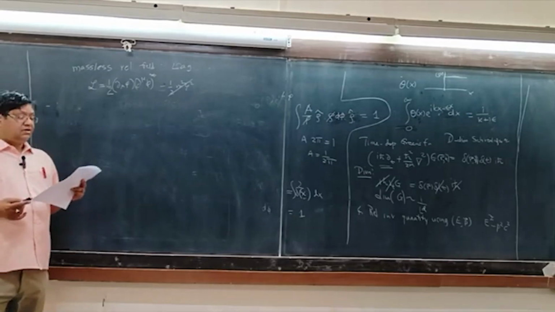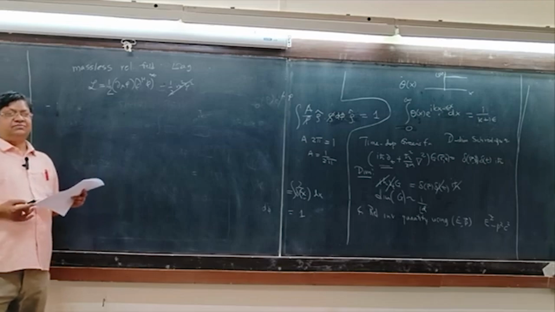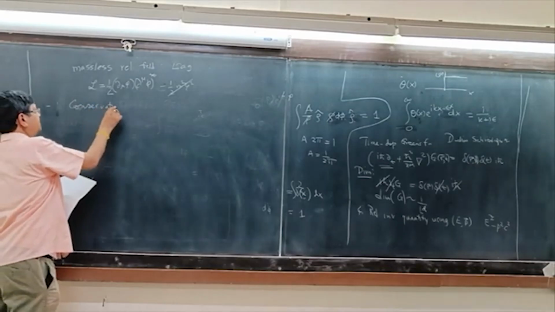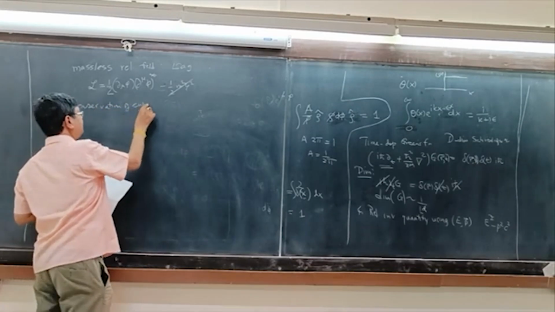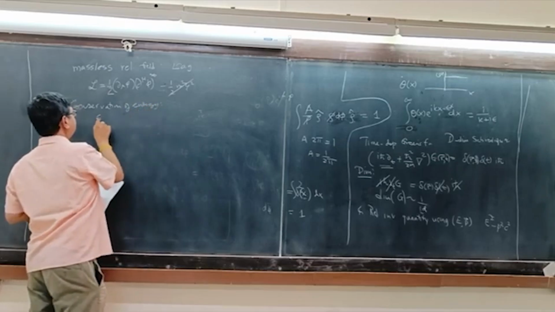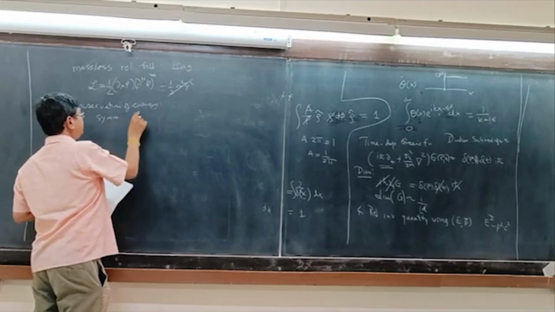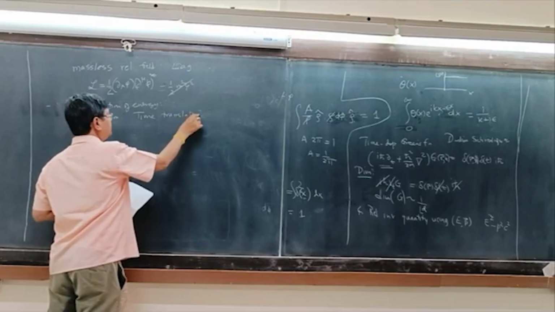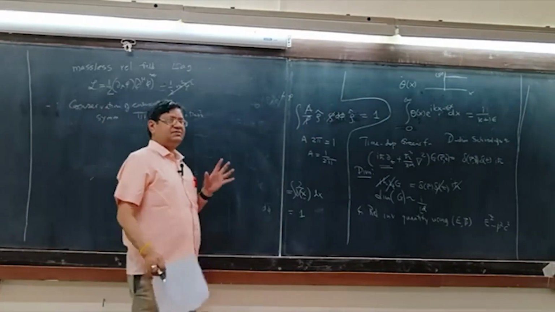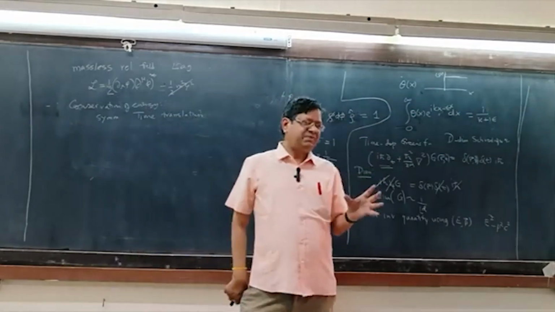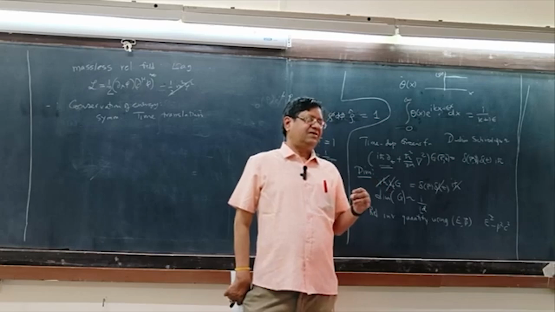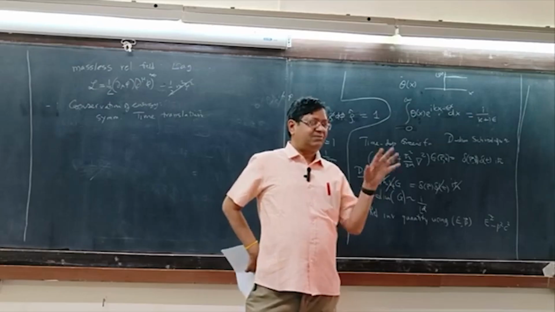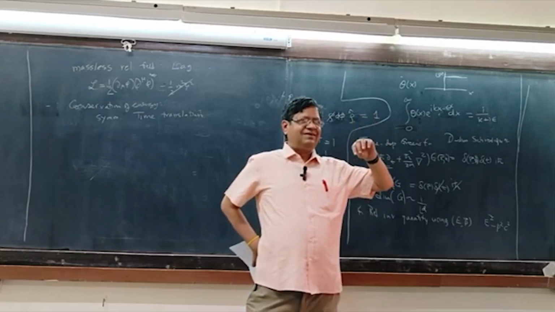So in field theory, conservation of energy is related to which symmetry of the Lagrangian? The symmetry is time translation. That means if you take a full system and do the experiment today or tomorrow, you will expect the same result, but of course you have to keep the same system.